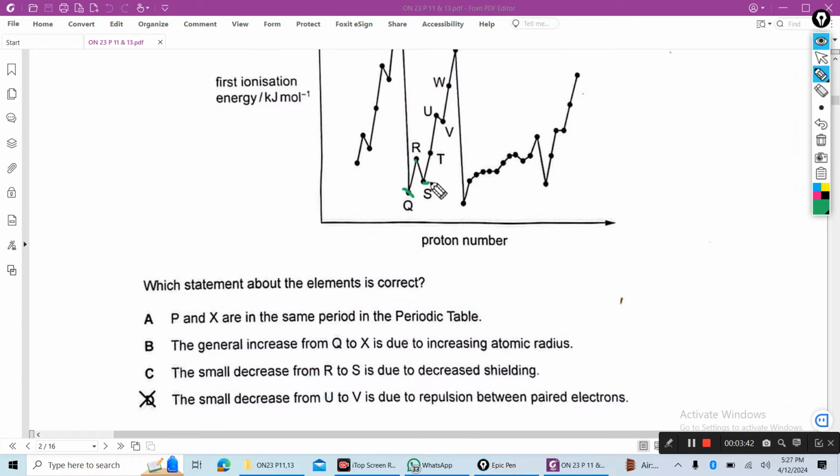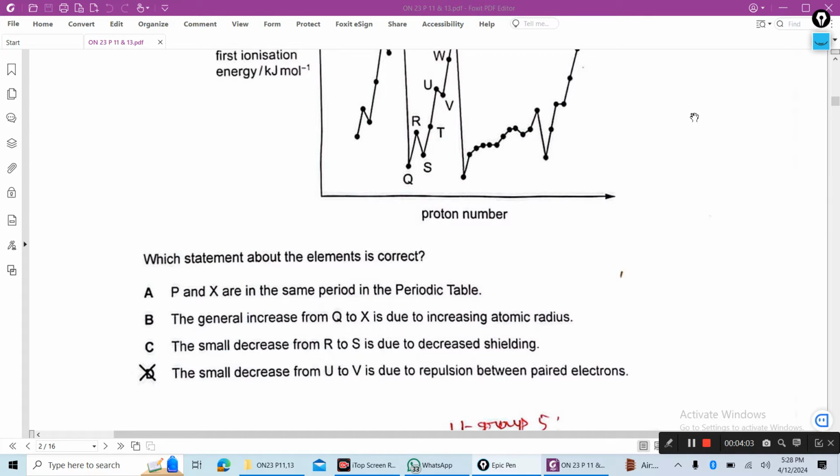Group 2, group 3, group 4, group 5, group 6. And the first ionization energy of group 6 is less than group 5. So that's why there is a small decrease from U to V. This is the reason for the repulsion of paired electrons.